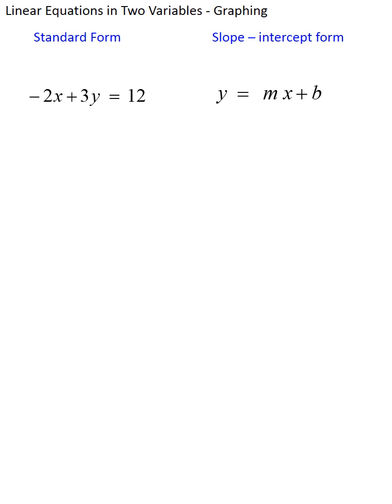Well, to do that, we have to get the y by itself. And no better way to do that than to add 2x to both sides, as you can see here. By adding 2x to both sides, I get a cancellation, and I'm one step closer to having y isolated. But to get this in y equals mx plus b form, I can't have that 3 coefficient in front of the y.